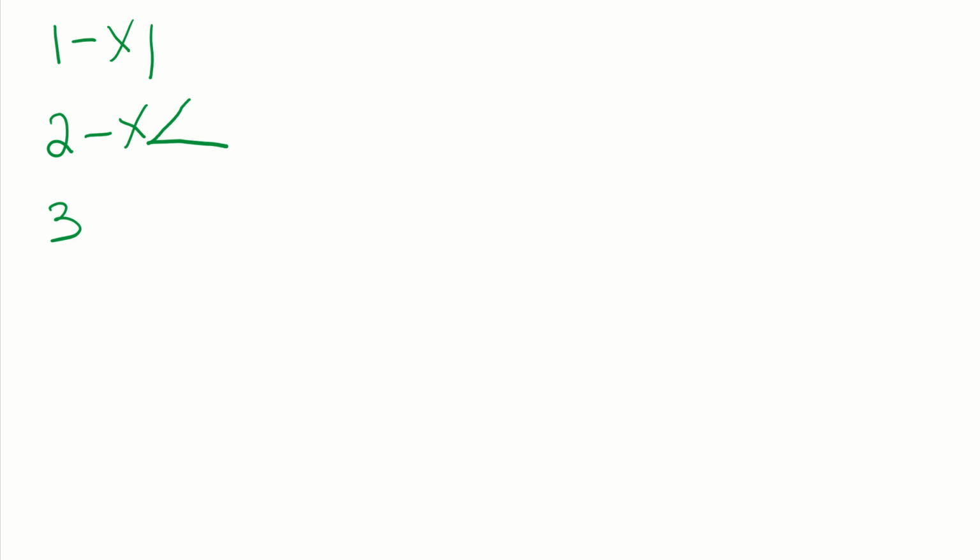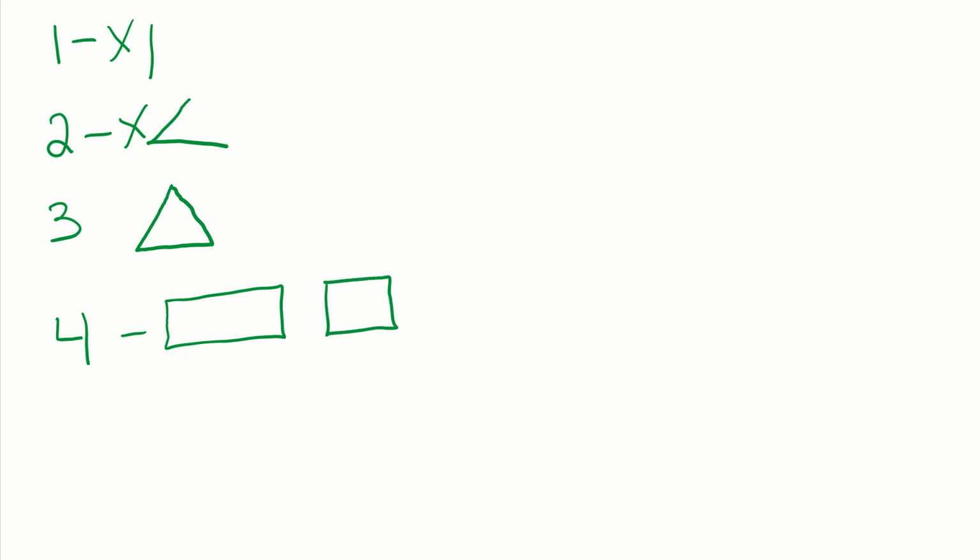Now we will look at a three-sided polygon. We have a triangle. Four sides can look multiple ways, as a rectangle or a square, and we call these quadrilaterals. Think of it as a quad, like four tires on a quad. We have quadrilateral.